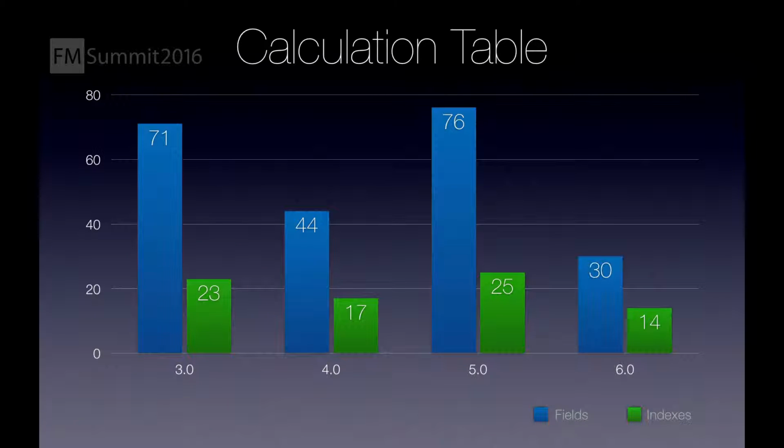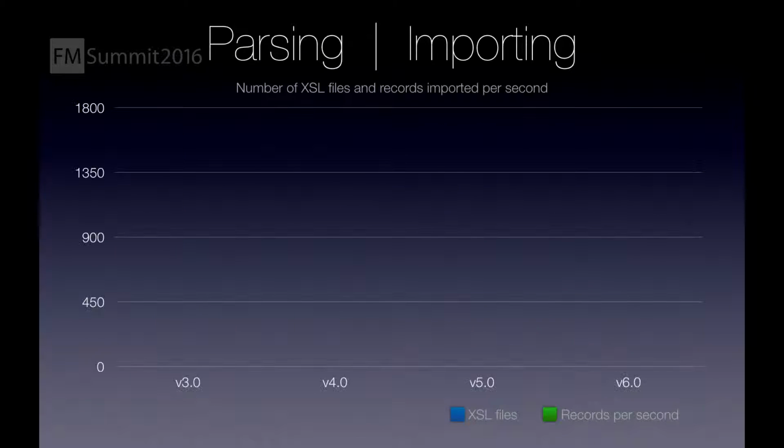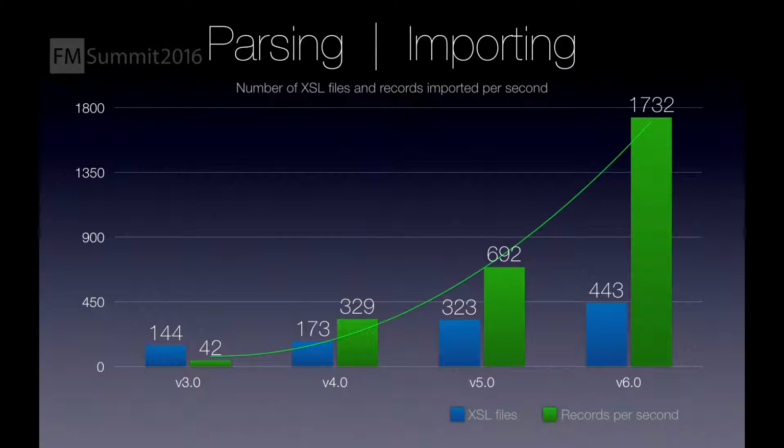The same goes for calculations, except we had a little hiccup in version 5. We tried to do that kind of diminishing return on the number of fields and number of indexes, and so the result is this. It's an interesting chart because we're not looking at fields, we're looking at XSL files.